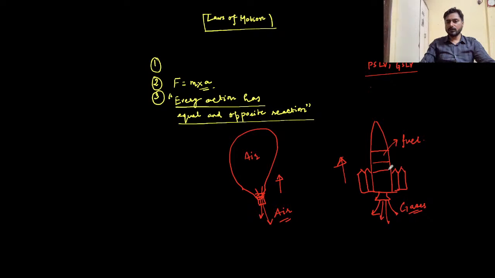And you need something to burn the fuel, so you need an oxidizer. The design is such that you bring in the fuel from the fuel chamber, you bring in the oxidizer from the oxidizer chamber, with the help of motors you bring them in, and then you have the exhaust chamber.